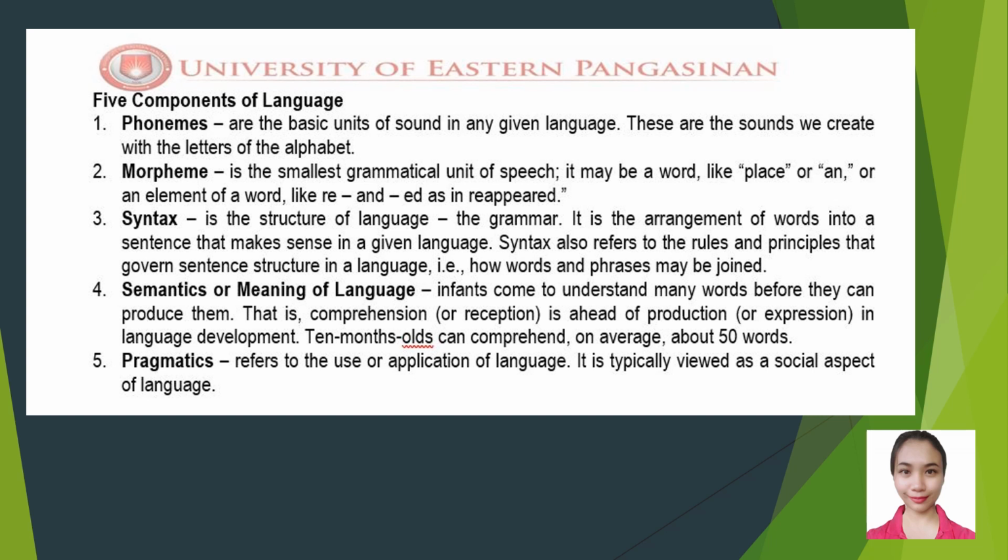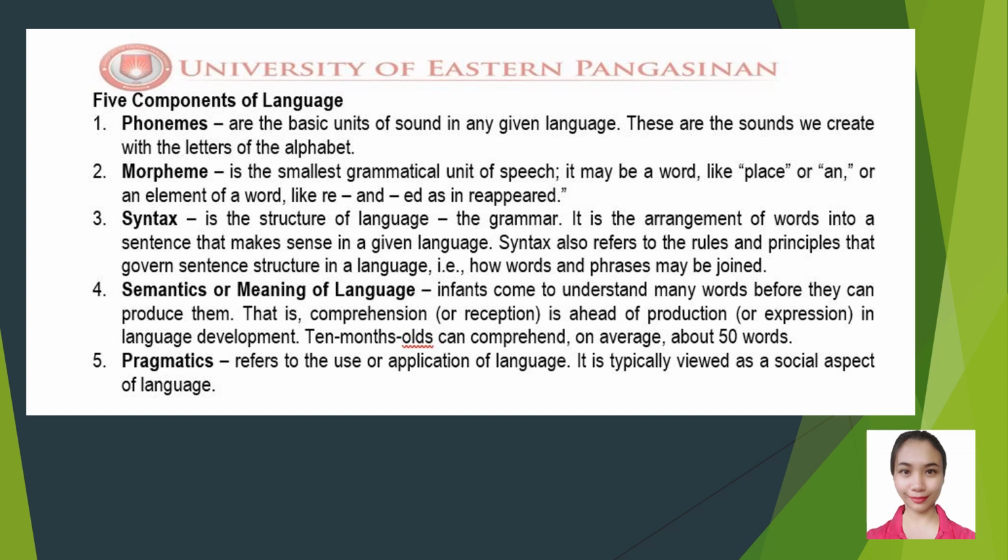Next is we have morpheme. So when we say morpheme, it is the smallest grammatical unit of speech. It may be a word like place or an element of a word like re and ed, as in reappeared.